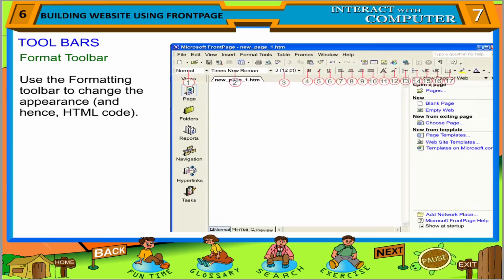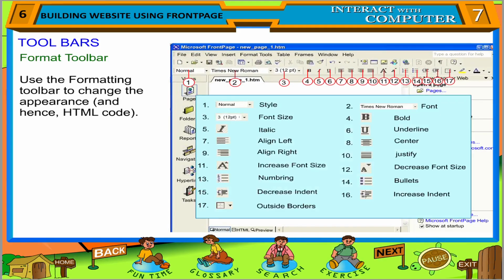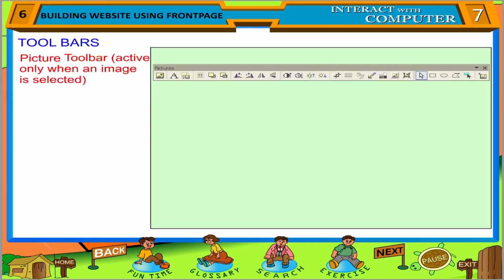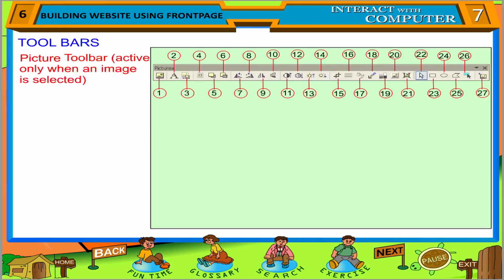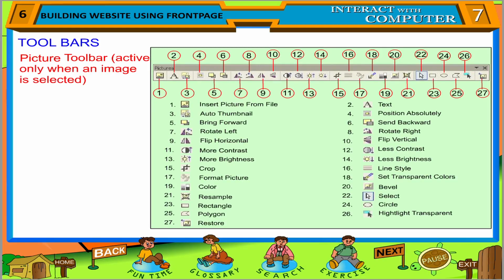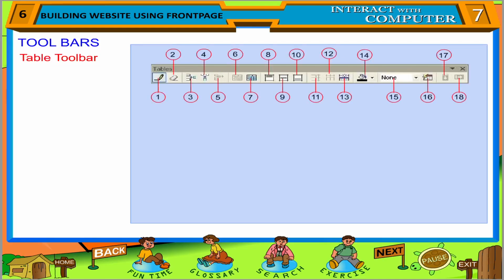Format toolbar. Use the formatting toolbar to change the appearance and hence HTML code. Picture toolbar. Active only when a picture is selected. Table toolbar.